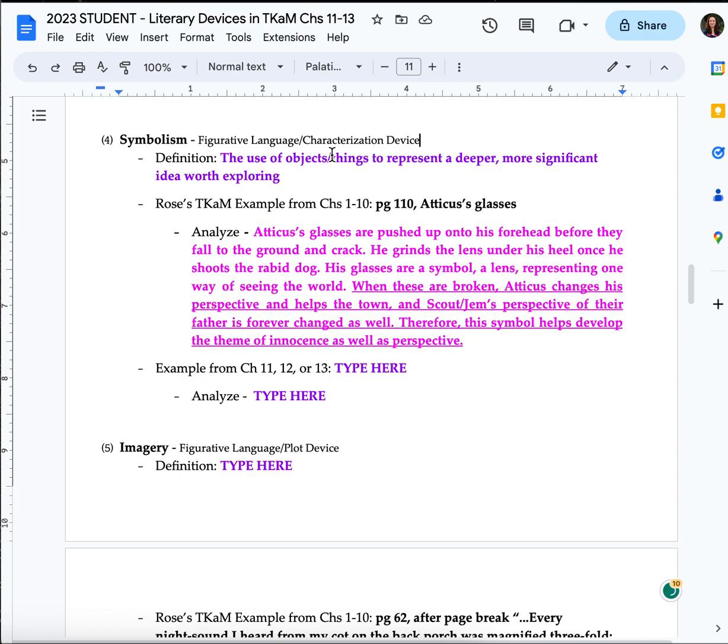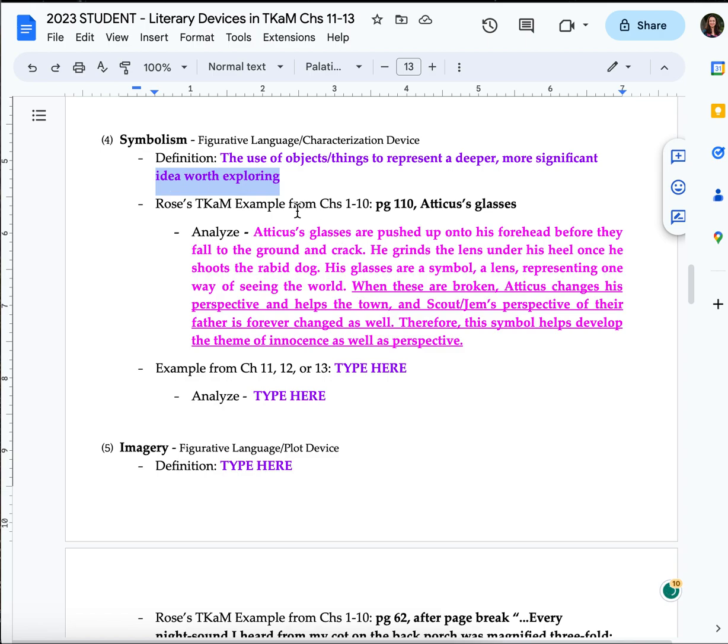Symbolism is the use of objects or things, something physical, to represent a deeper, more significant idea worth exploring. So symbols are objects, physical things, but they represent a bigger, more or less tangible or touchable idea.